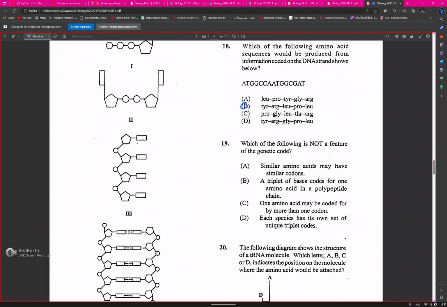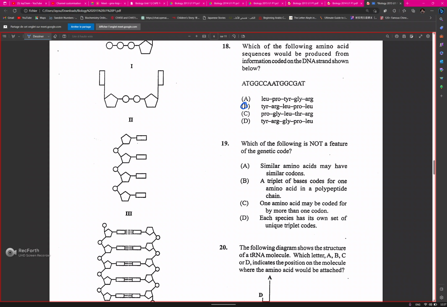19, which of the following is not a feature of the genetic code? Okay, so we're saying that D is the answer. So let's look at this. Each species has its own set of unique triplet codons.